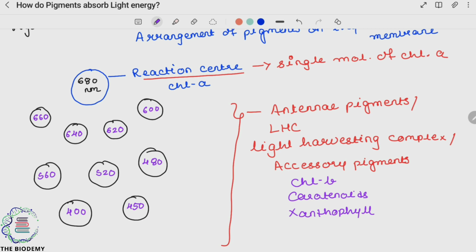Now here we have an extremely important concept: when the light energy falls, I repeat, when the light energy falls, all of these pigments are excited simultaneously. Very important statement.